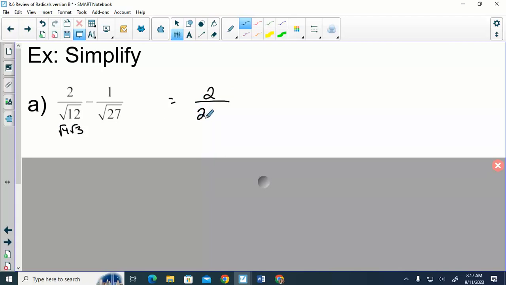Square root of 4 is 2. Okay, square root of 27, radical 9, radical 3. So that's a 3 radical 3. What do you notice about the first one?